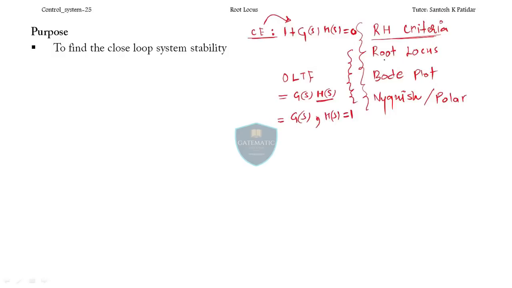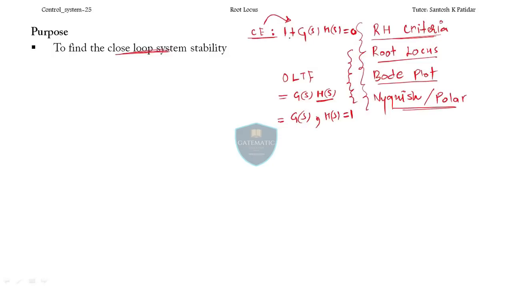Okay friends, all these techniques, root locus, Bode plot, Nyquist plot and polar plot, we are going to discuss the stability only, but for the closed loop system. For all these cases we are finding the closed loop system stability, but the procedure is different.